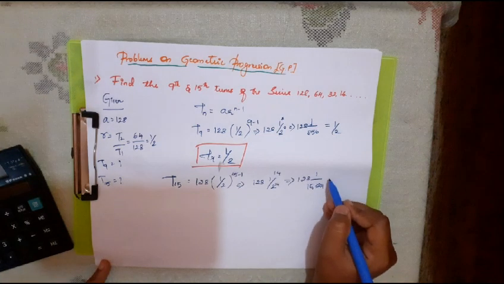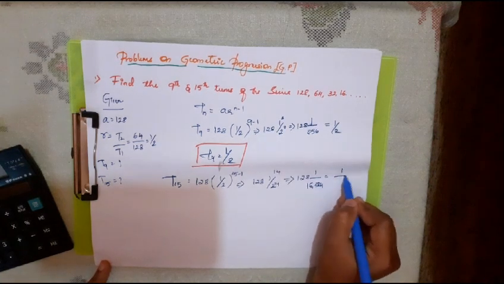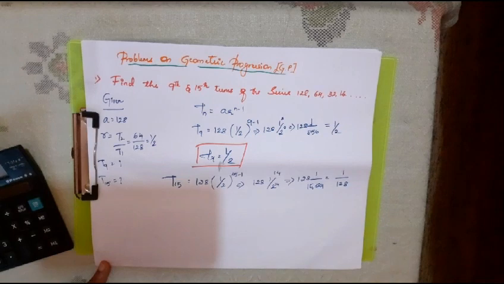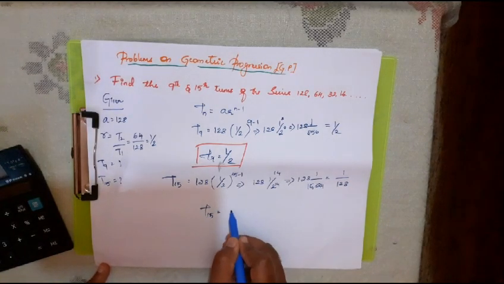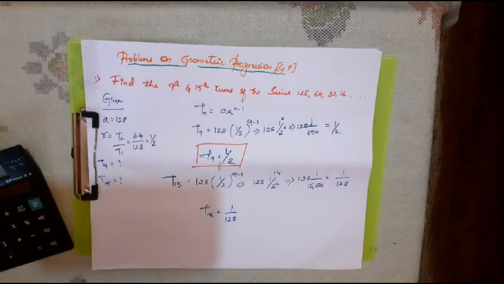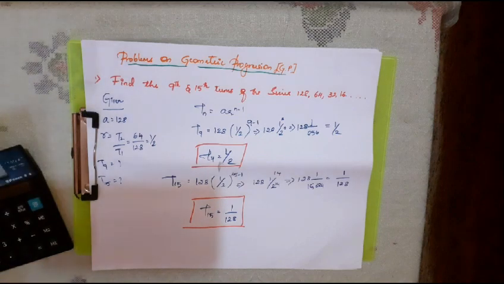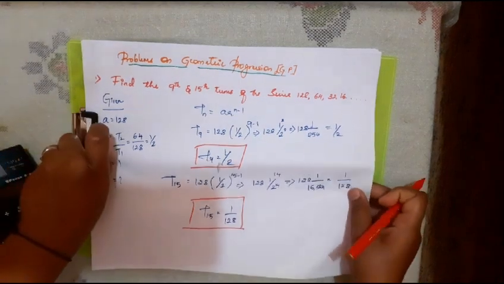It is exactly divisible by 128, so you are getting the answer 1 by 128. So T15 is 1 by 128. This is how we have to calculate if they are asking about the 5th term, 1st term, 2nd term, 3rd term, all that. Okay, so we'll take up the next question.